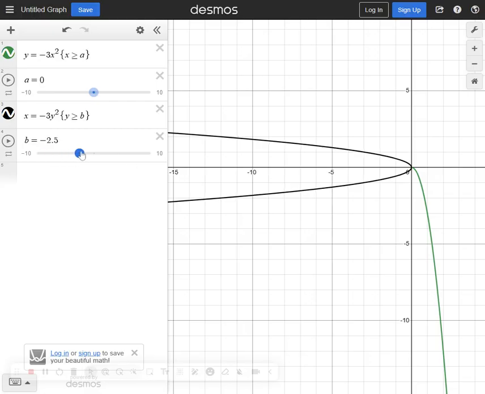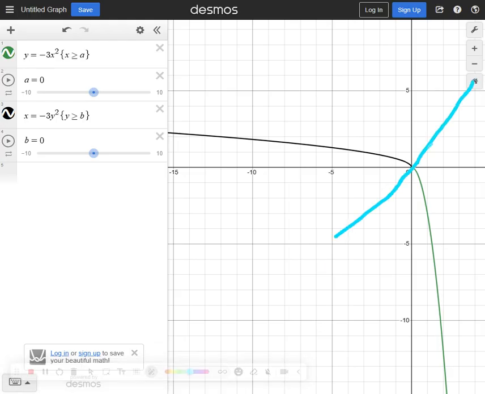Here, we're restricting the range. So I'll show you the line of symmetry, the mirror line. It seems like it mirrors everything on the left and on the right.